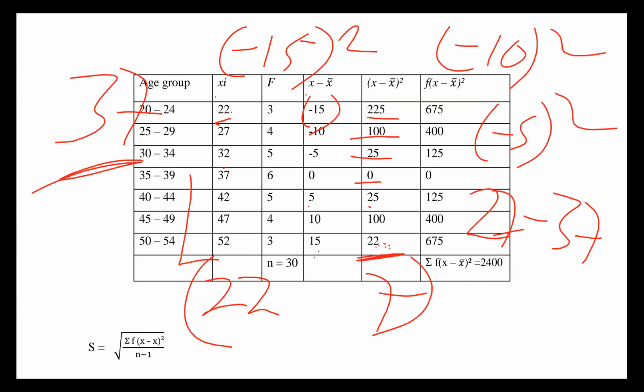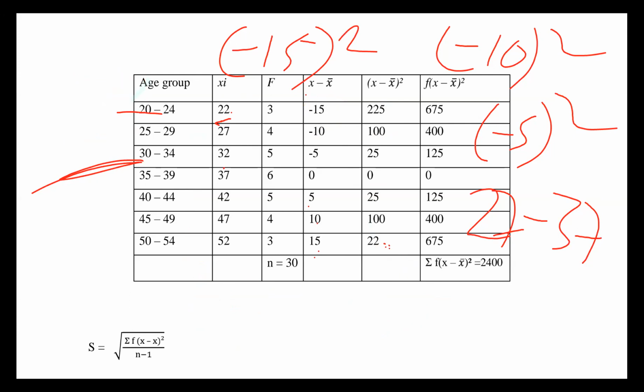After that, now you are multiplying these numbers you have found, these deviations, you have squared them already. You multiply them by the frequency. That is this column now. It is frequency times this squared deviation. So you say the frequency 3 times 225, it gives you 675, right?